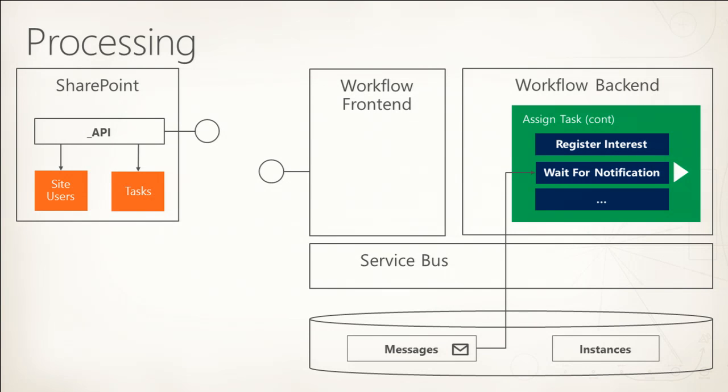So here, that workflow is going to get activated, and then once we reach the next point, we write the state of the workflow, and then we receive the message, and then the message disappears from the database. So this is basically how we make sure that all the state in SharePoint is always kept consistent with the workflow state.